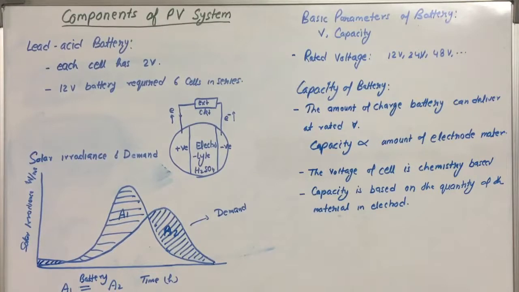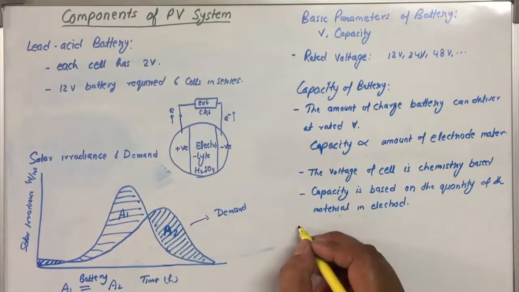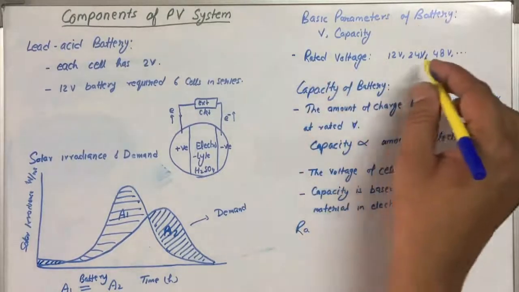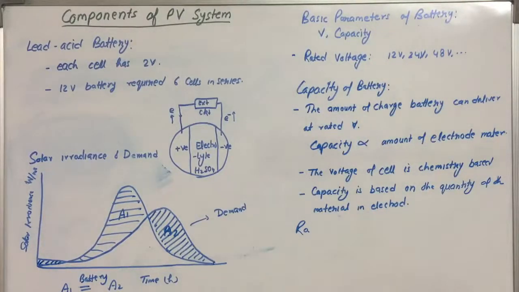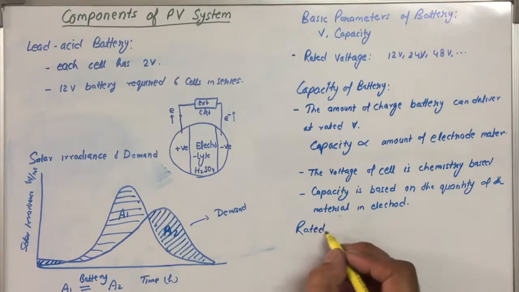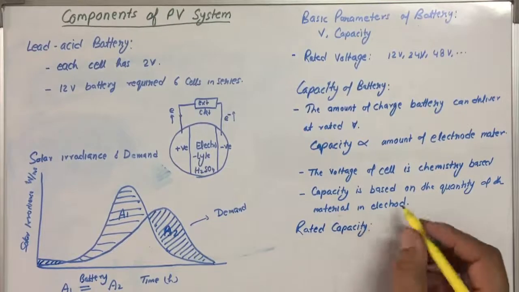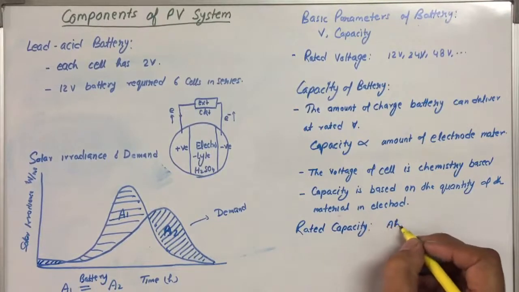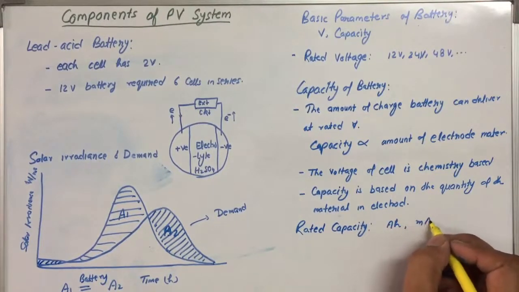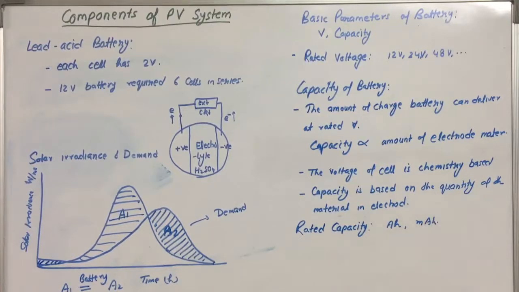Okay, and just as the rated voltage is 12 volt, 24 volt, 48 volt, similarly the rated capacity of the battery can be in ampere hour or milliampere hour according to their size.